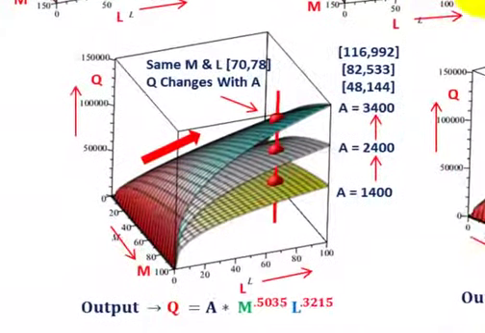Okay, so if we go down here now, we're looking at the same thing we did in that last 3D plot. Again, Q, our profit, is increasing along our vertical axis, and then M is increasing this way, L is increasing this way, and then we have our output, or our production function here.